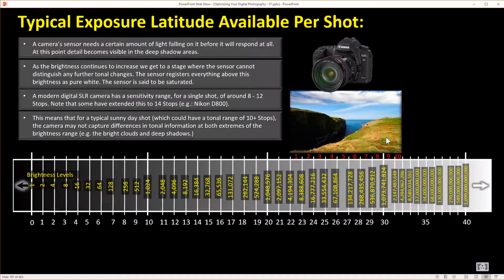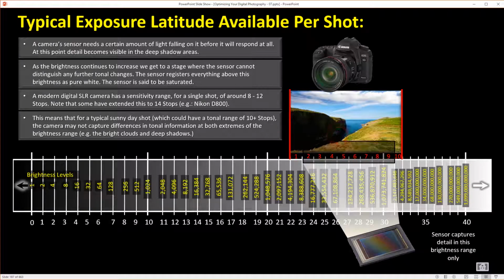Okay, so let's have a look at this typical daytime shot, and we're saying that it's been exposed for this brightness here, but the brightness continues past that particular point to the right here, and it goes darker all the way down to here. So we're covering a brightness range of about 10 stops. There we go, 10 stops for that particular scene.